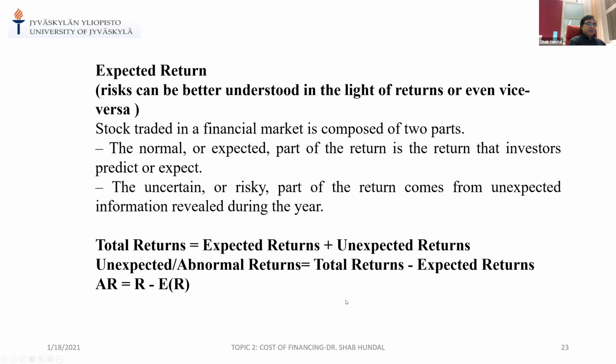So whenever you talk about the return, there is always an element of unexpected return, and this is also called the abnormal return: the return which you actually achieve minus the return which was expected out of this portfolio or a stock.